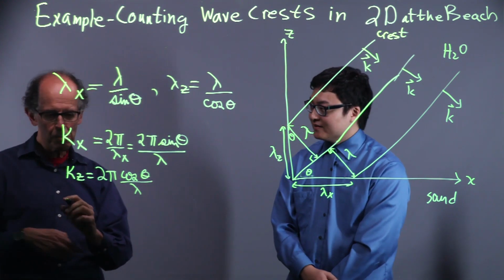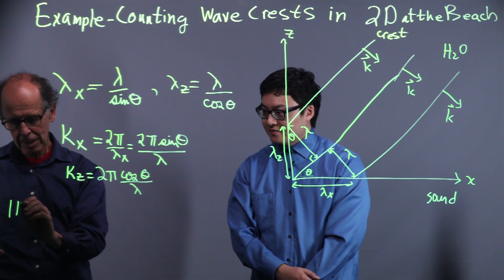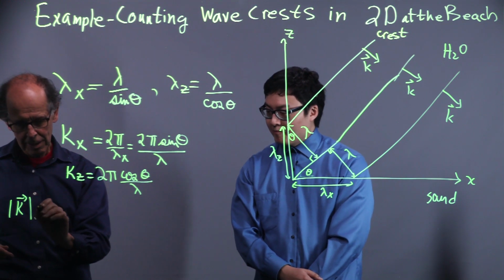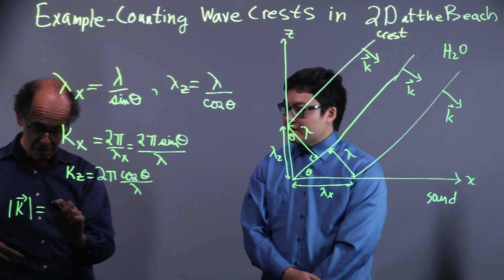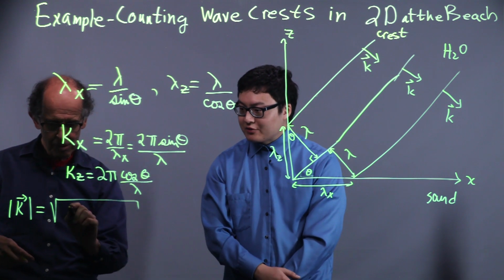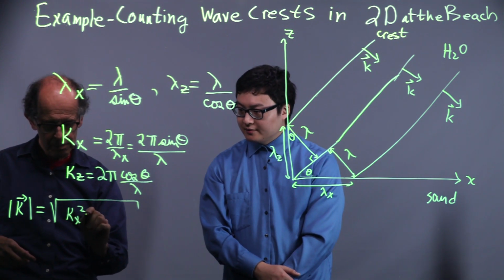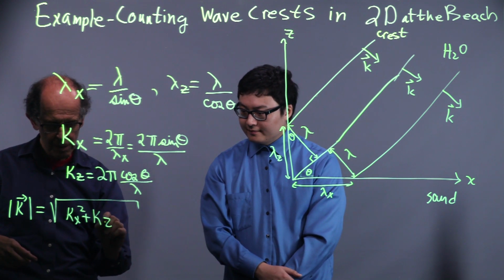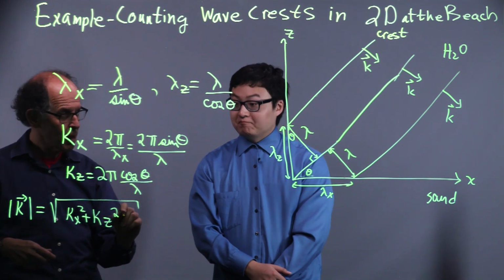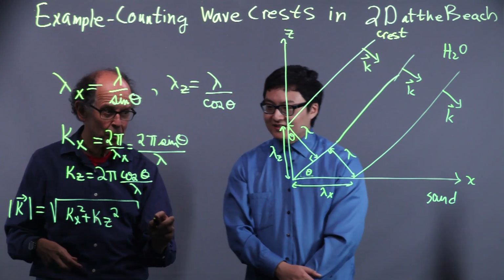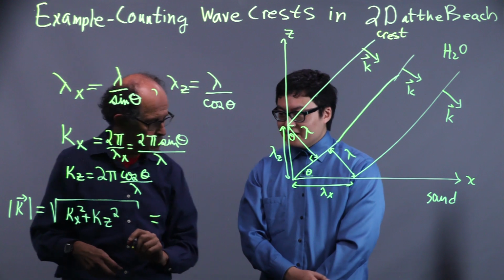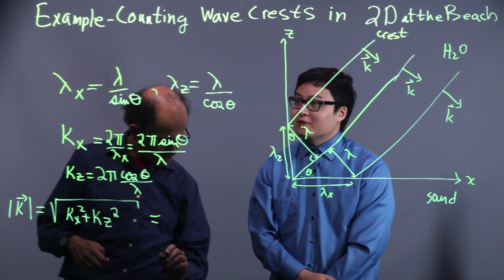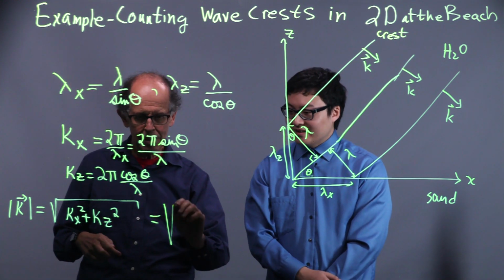Now, we want to find the magnitude of k, which is equal to the sum of squares and then the square root again. I think we're going to get what we anticipated in the previous video, something very similar to what we almost did.